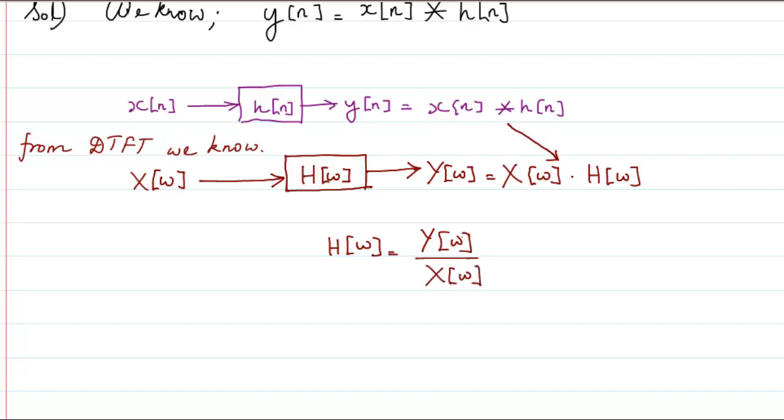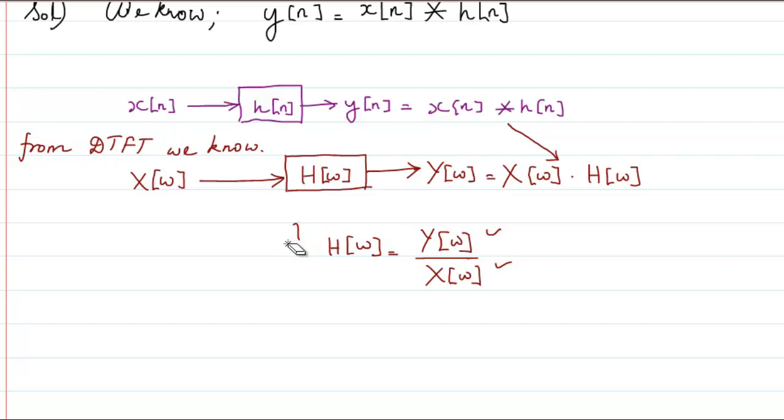Correct? So if we are given the output and the system, you can find X of omega. Or if you are given both the output and the input, you can find H of omega using this equation.